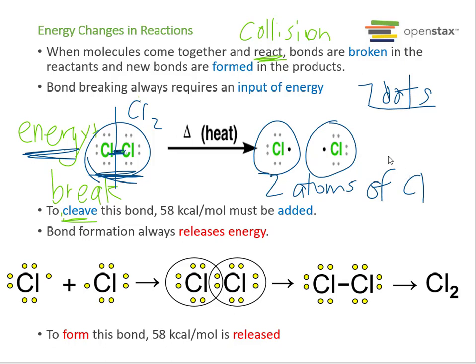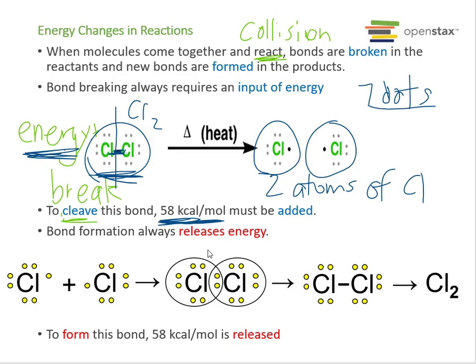This is how we represent atomic chlorine. We're told here that in order to break that bond, it took 58 kilocalories for 1 mole of diatomic chlorine to separate.